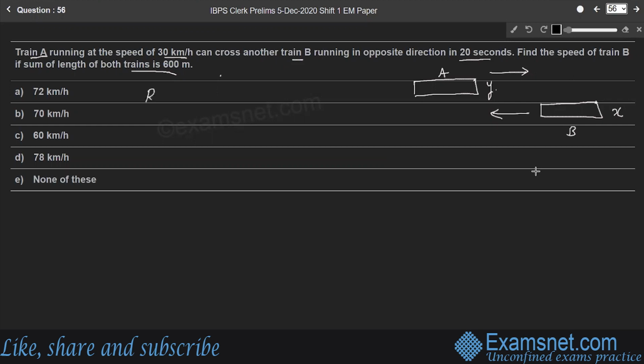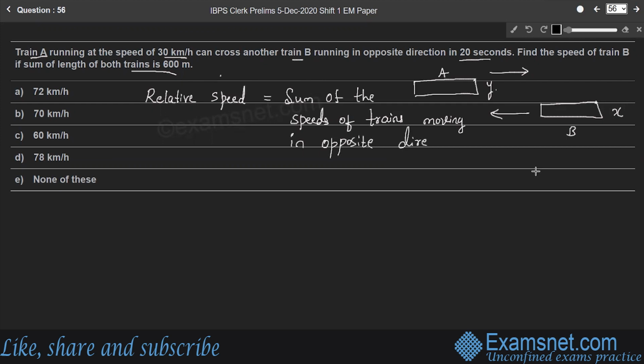There is a new term, relative speed: the sum of the speeds of trains moving in opposite directions. Here, the sum of their speeds is x plus y, where x is the speed of train B and y is the speed of train A.